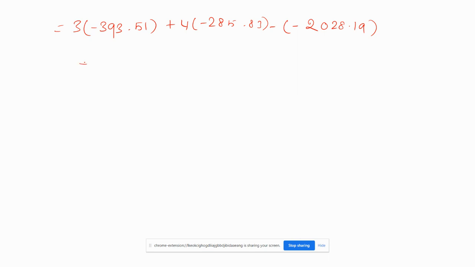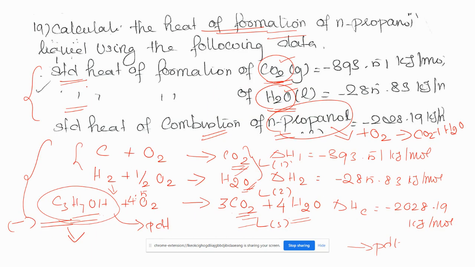So whatever answer you are getting is 295.66 kilojoules per mole, which is the answer for standard heat of formation of C3H7OH. Clear?